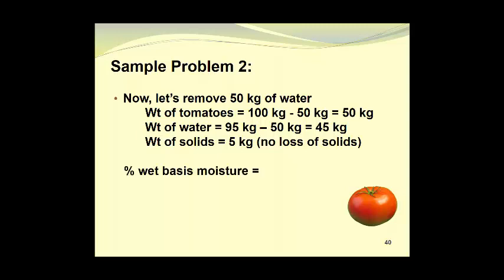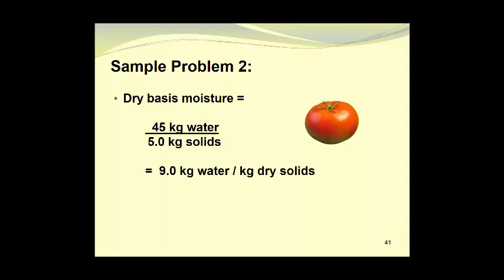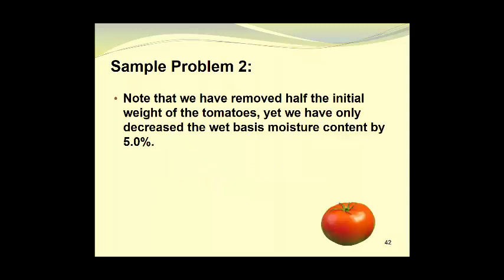The percent wet basis moisture after drying will be equal to 45 kilograms of water divided by 50 kilograms total weight of the material times 100%, which is equal to 90.0% wet basis moisture. The dry basis moisture will be equal to the weight of water, 45 kilograms, divided by the weight of dry solids, 5.0 kilograms, and this gives us 9.0 kilograms of water per kilogram of dry solids.